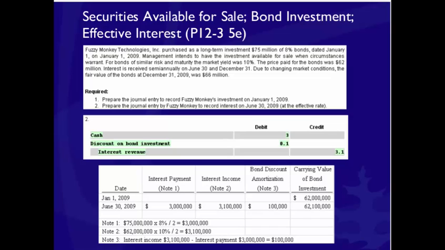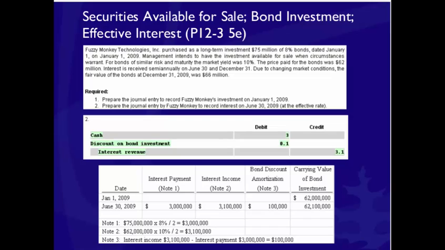In Note 2, we need to calculate the effective interest income, and we take the carrying value of the bonds, which was $62 million right before we're recording this entry, and we take that times the effective rate, which is 10%, divided by 2 because we're paying interest semi-annually, and that gives us interest income of $3,100,000.